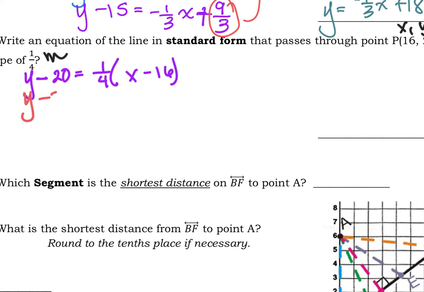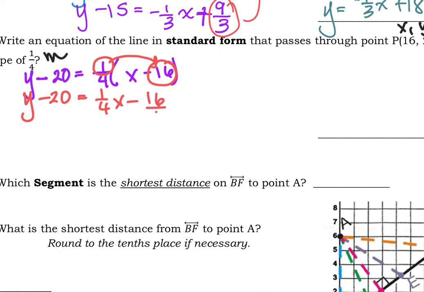Let's see if we remember what to do with the fraction. What's 1/4 times x? 1/4 x, good. When I multiply the fraction by the whole number, what numbers am I actually multiplying? I'm multiplying 16 by what? The 1. What's 16 times 1? 16, thank you.